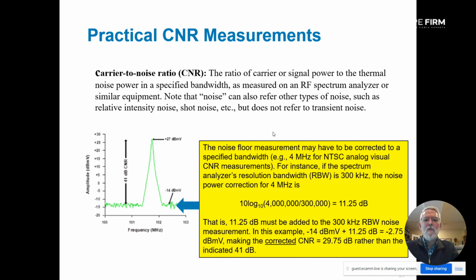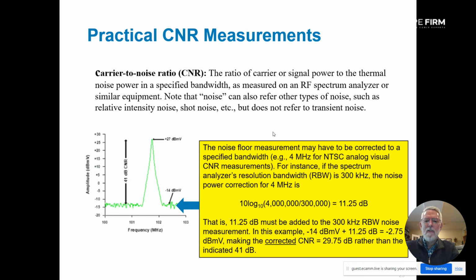Well, that's not going to give you a noise measurement in a 4 megahertz bandwidth. It's going to give you a noise measurement in a 300 kilohertz bandwidth. So we need to convert that noise measurement to an equivalent as if you had a 4 megahertz resolution bandwidth setting on your spectrum analyzer.